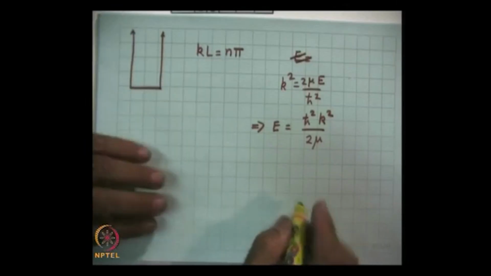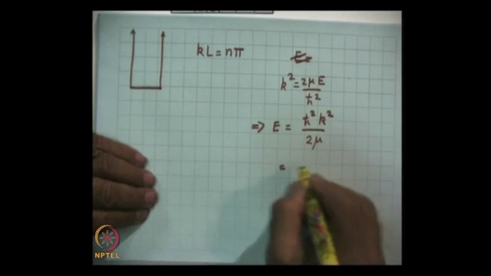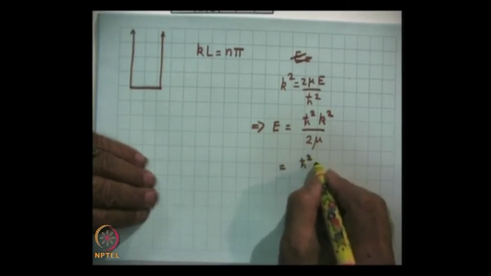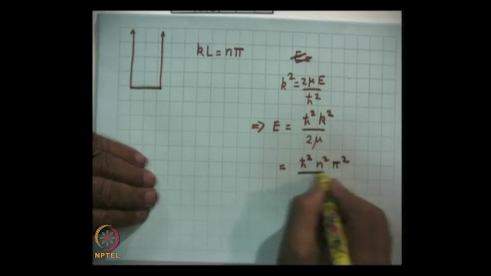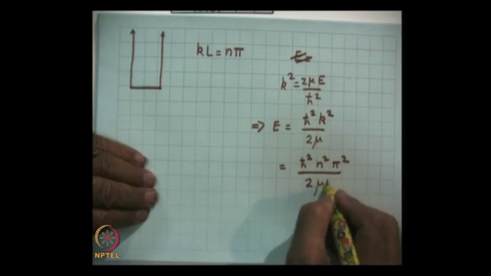With k equal to n pi by L, this is equal to h cross square n square pi square by 2 mu L square.